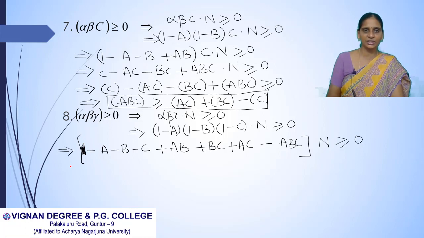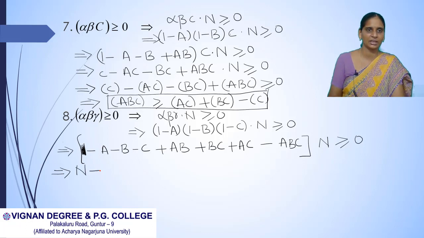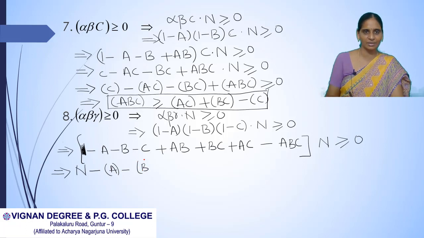So multiply each and every attribute with N in the next step. We get here N minus A into N is frequency of A. Similarly, B into N is frequency of B. Minus C into N is frequency of C. Plus AB into N can be written as frequency of AB in the similar way.